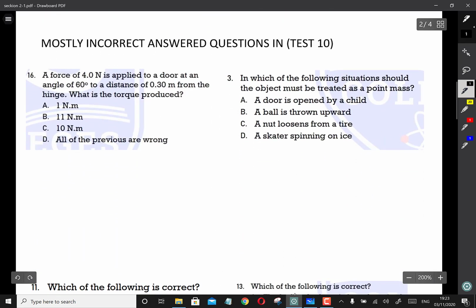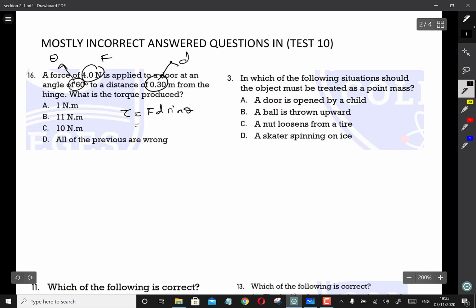And another question, question number 16. A force of 4 Newton is applied to a door at an angle of 60 degrees at a distance of 0.3 meter from the hinge. What is the torque produced? This is very simple. The torque equation is F d sine theta. F is 4 Newton, theta is 60 degrees, and distance is 0.3 meters.